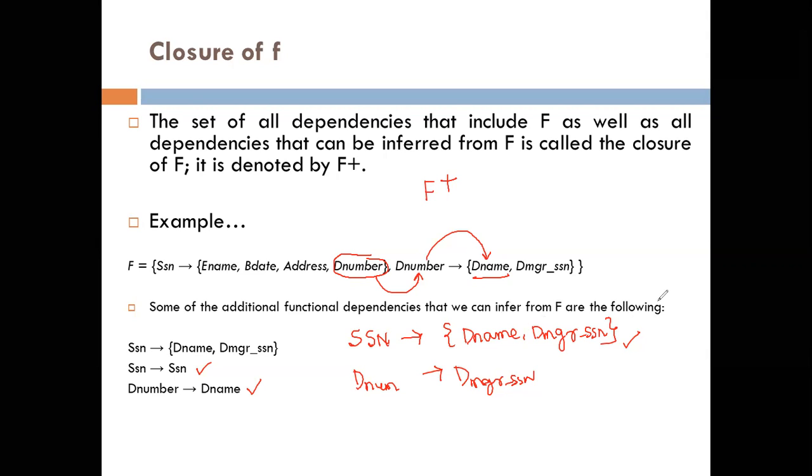Whatever we infer, the entire complete set is called a closure. So the closure of a set of functional dependencies, F plus, is the set of all functional dependencies that can be inferred from F. To determine a systematic way to infer dependencies, we must first set the inference rules.